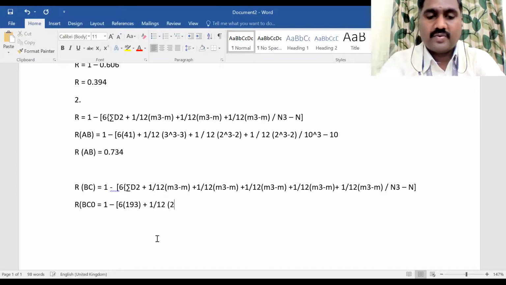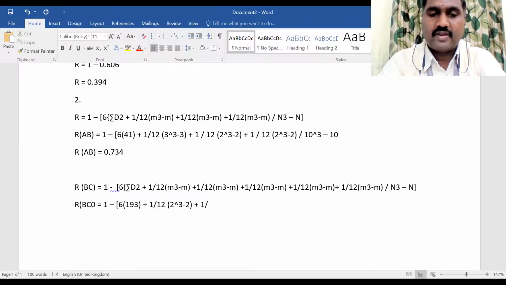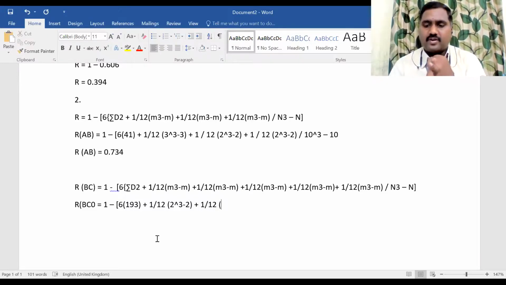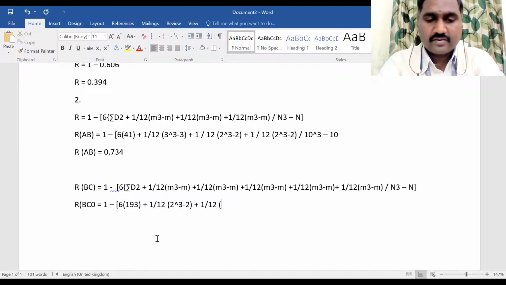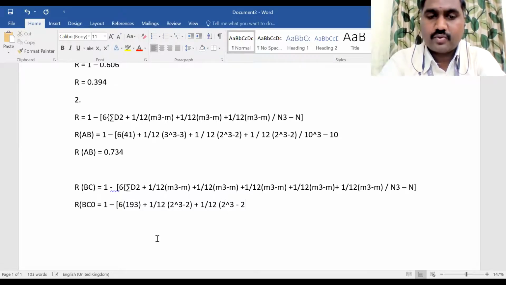So 2 power 3 minus 2. And the second pair, 1 by 12 into 8.5, is repeated how many times? 2 times. So 2 power 3 minus 2.